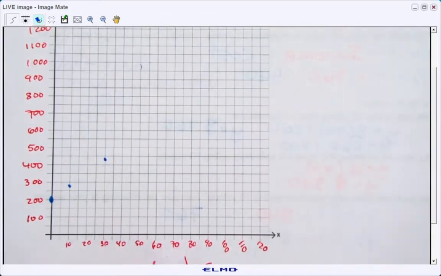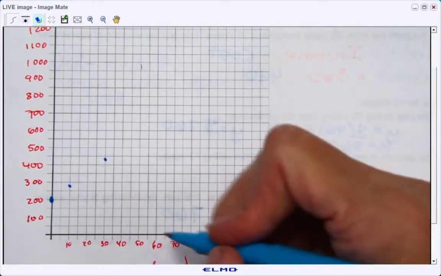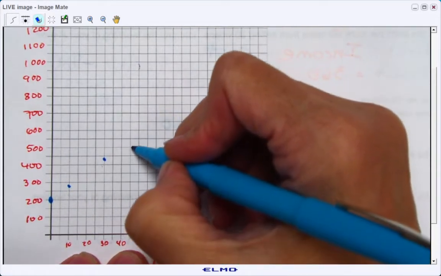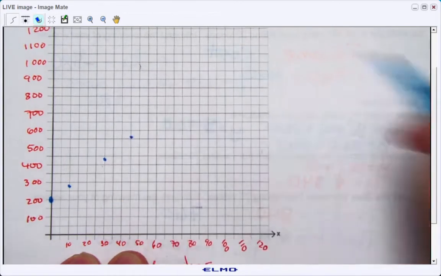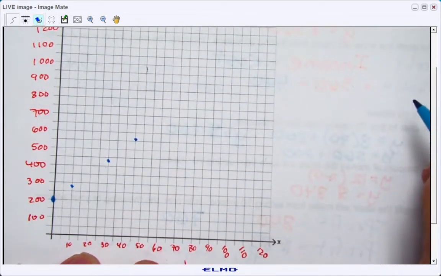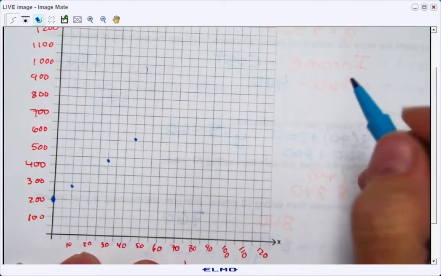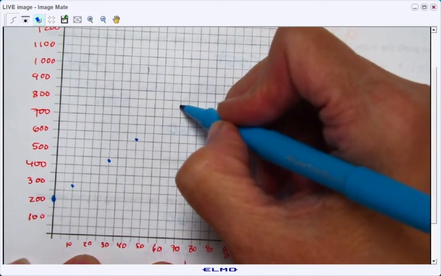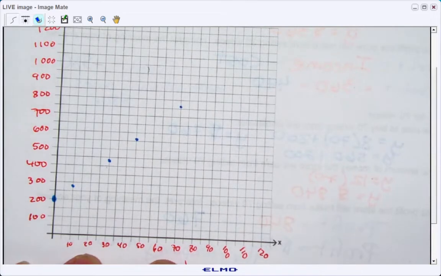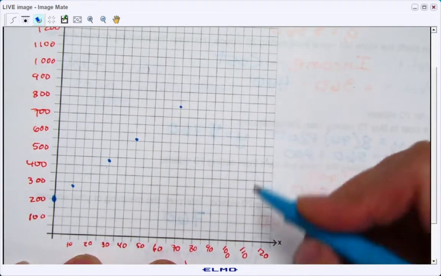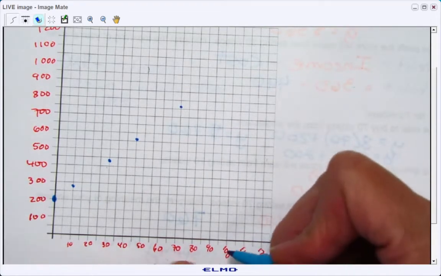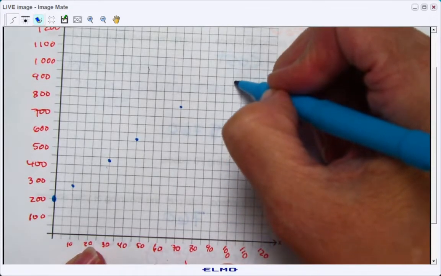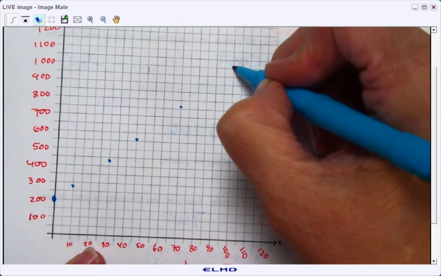There we go. 45 is at 560, so a little bit above 550. Then we have 70 is 760, which I believe is about there. And then we have 100, and that is at 1,000. So 100 is at 1,000 right here.